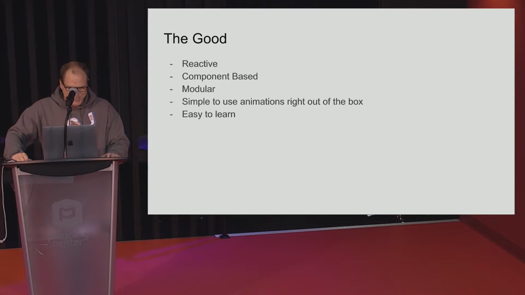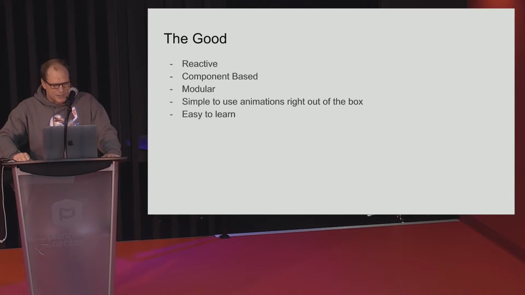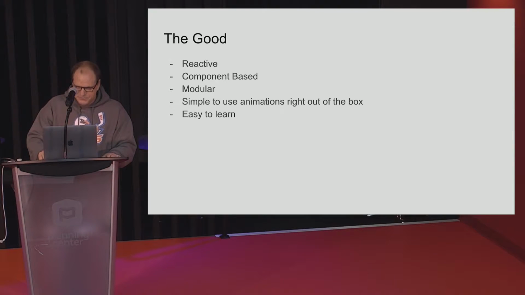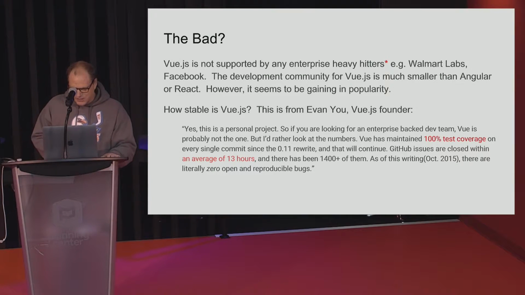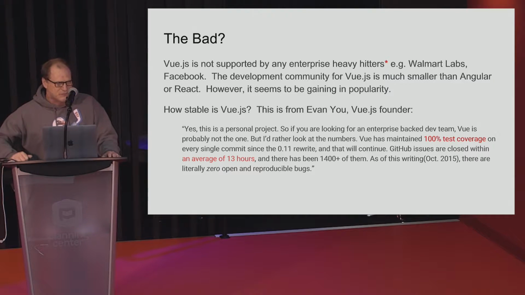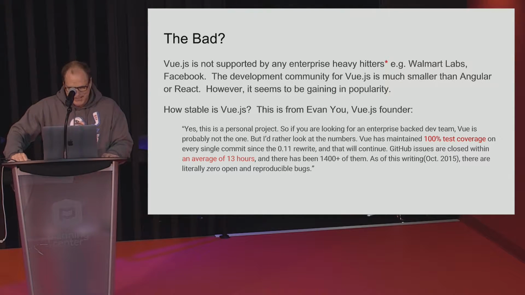So you don't have to waste your time building your own boilerplate. Just grab one of these. Okay, so the good parts of Vue.js: it's reactive, like React. It's component-based. It's modular. It's got simple-to-use animations right out of the box, and it's super easy to learn.